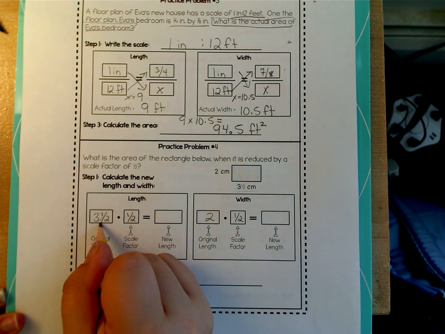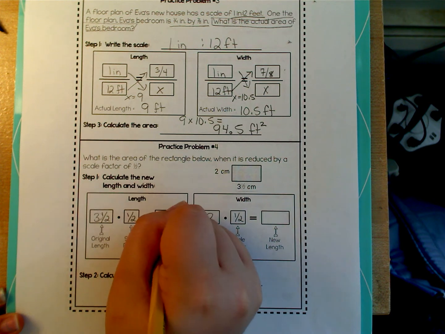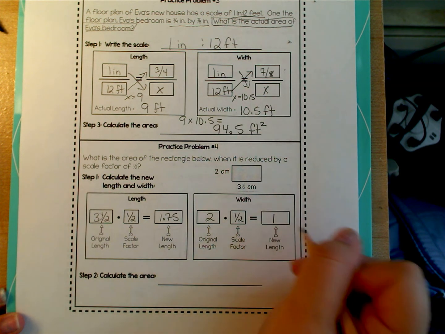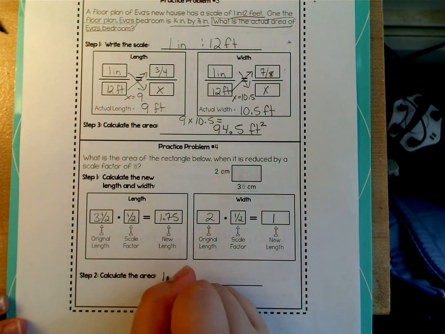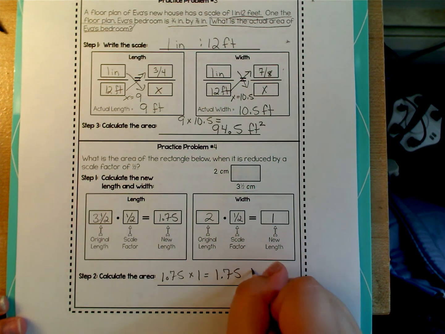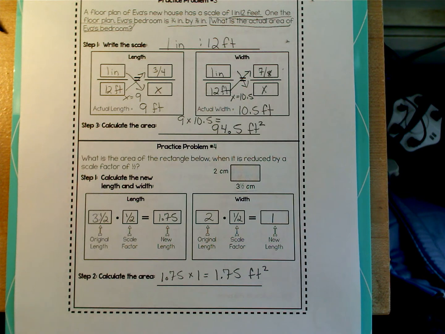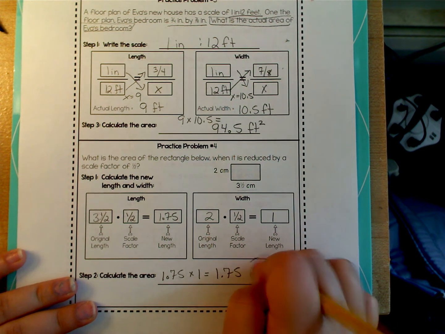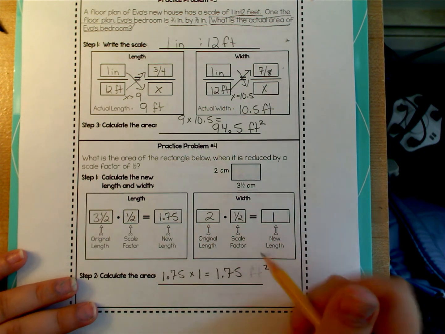So half of 3 1/2 is 1.75, and half of 2 is 1. So we're going to have 1.75 times 1, which is 1.75 feet squared. Oh, not feet. We're looking at centimeters. So it's going to be centimeters squared.